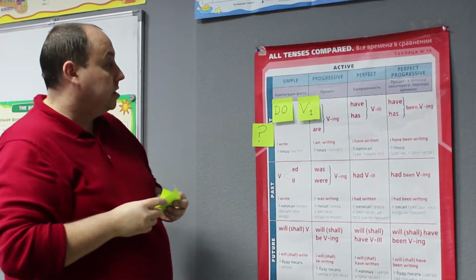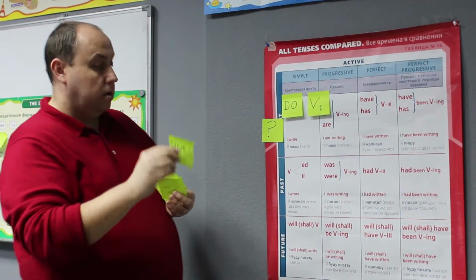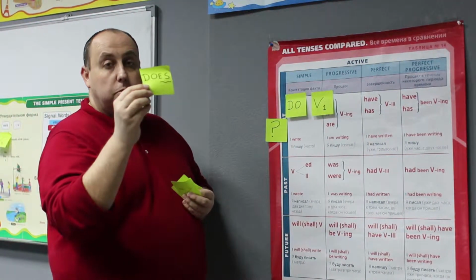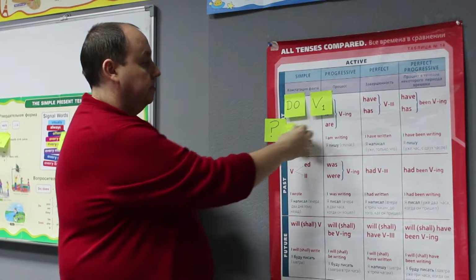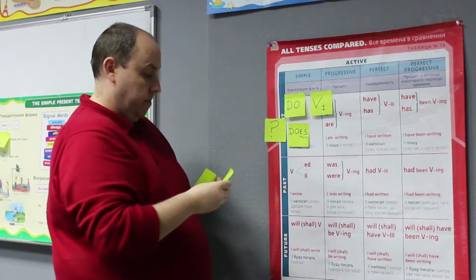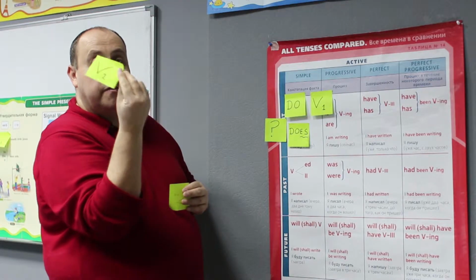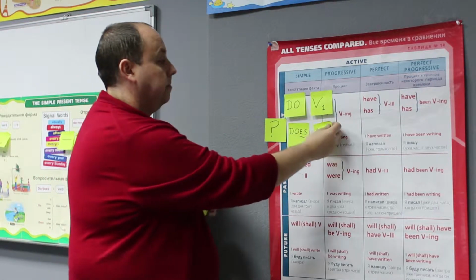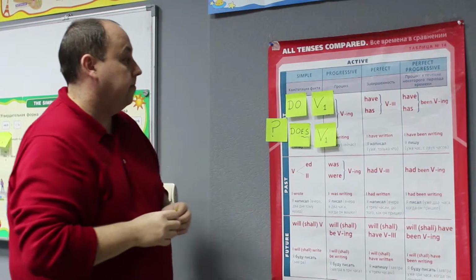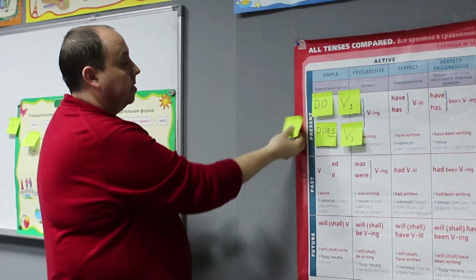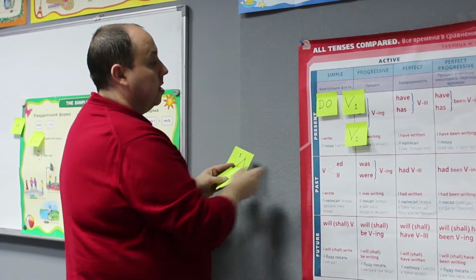But for the third person singular, he, she or it, we have the helping verb does. Followed once again by the verb in the first form. Okay, let's take these, put them on our table one more time.